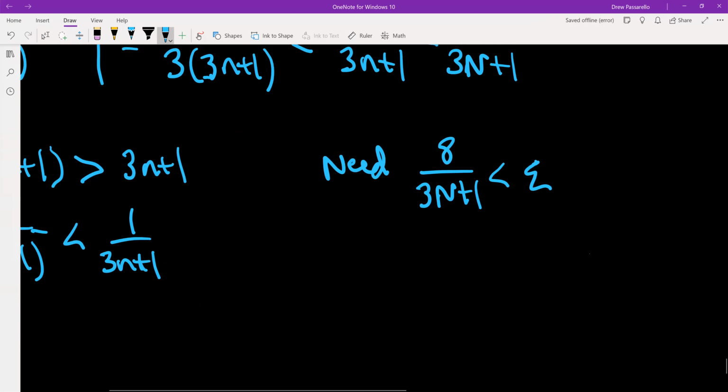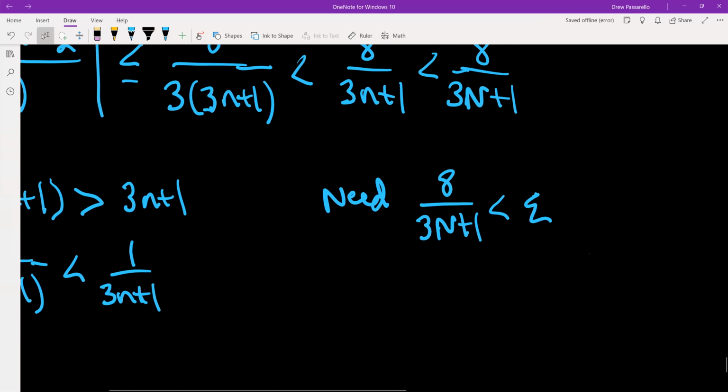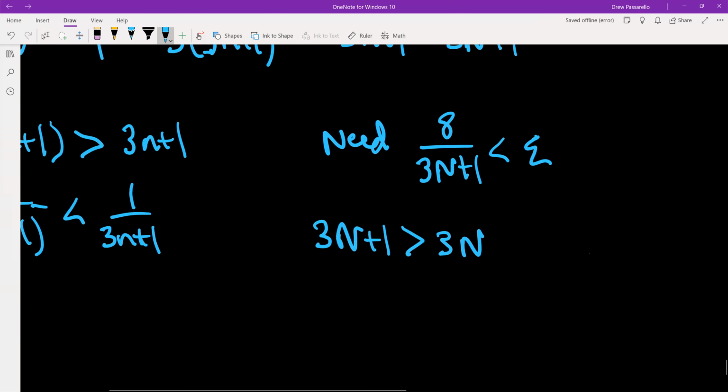Well, to make it easier, again, let's see. 3n plus 1 is bigger than just 3n. So 1 over (3n plus 1) is less than 1 over 3n.